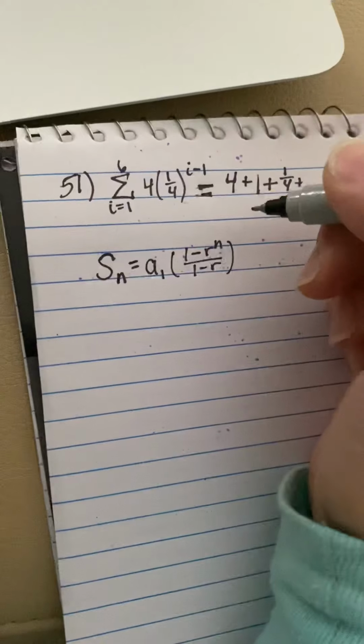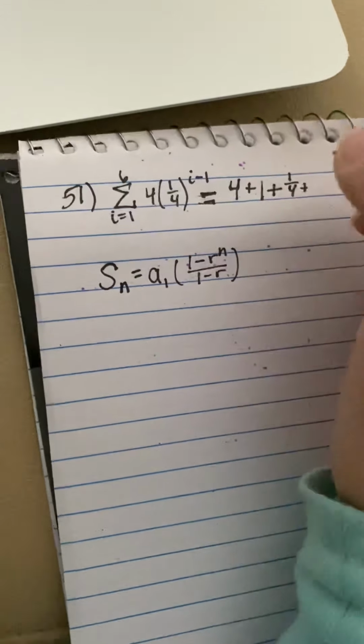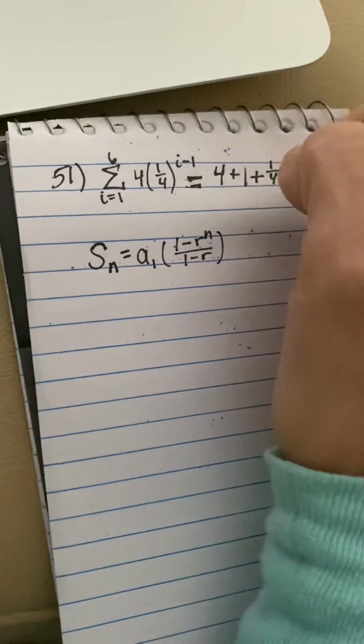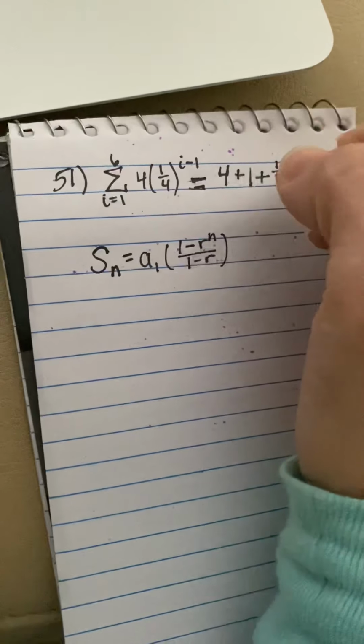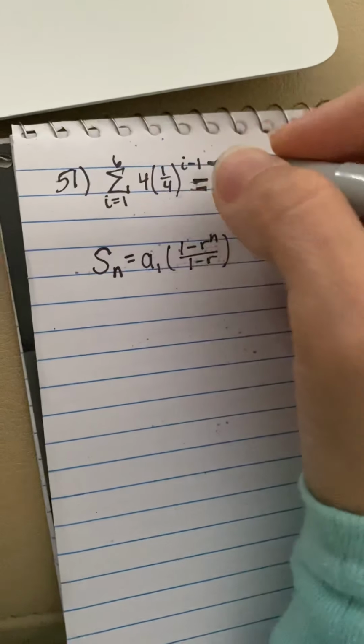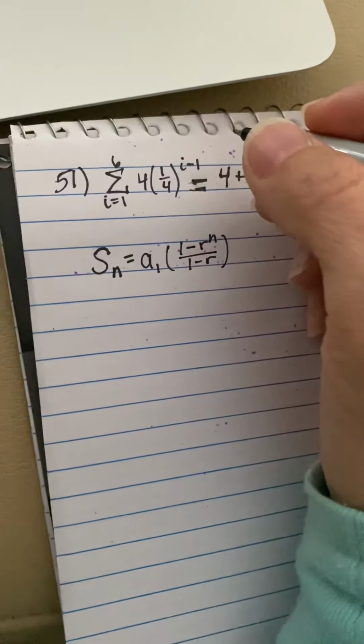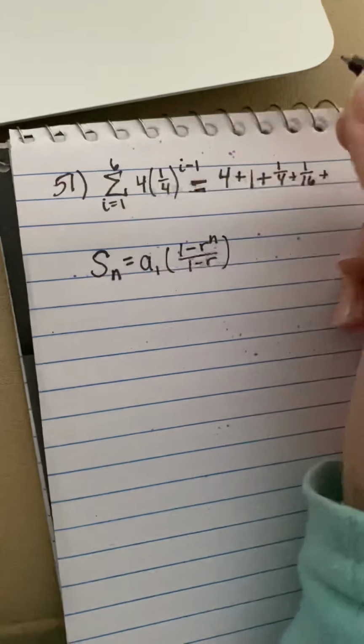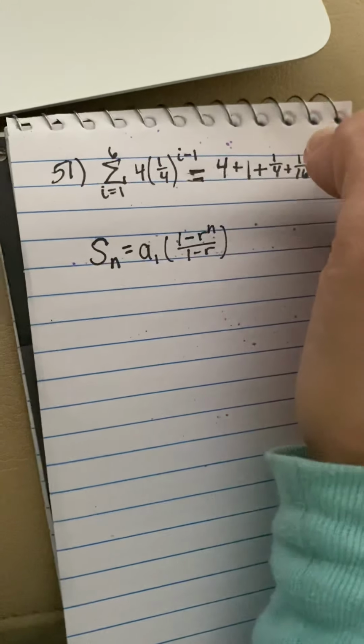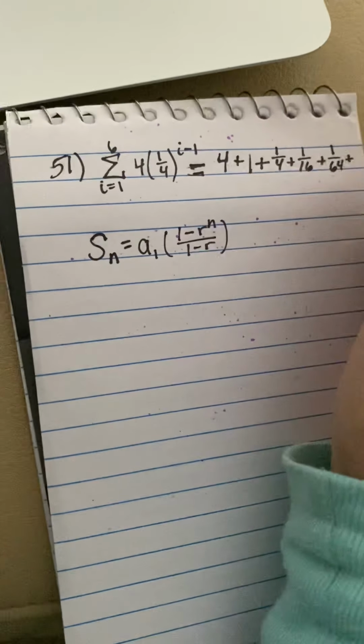So 4 times 1/64 would be 4/64, which would reduce to 1/16. If you plug in 5, this would become 4, so 1/4 to the fourth would be 1/256. Then if you multiply by the 4, it'll come down to 1/64.